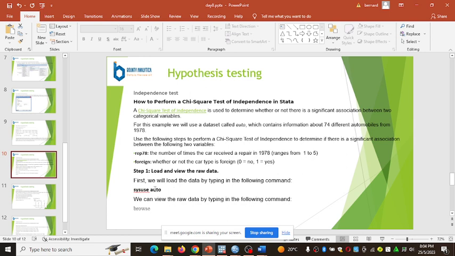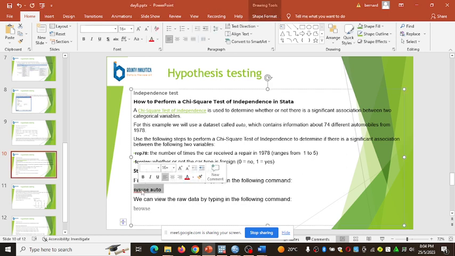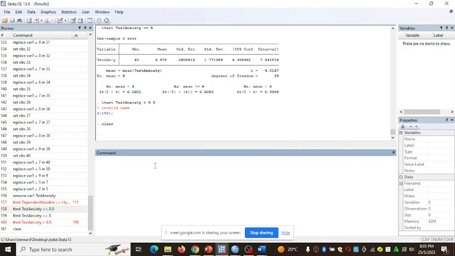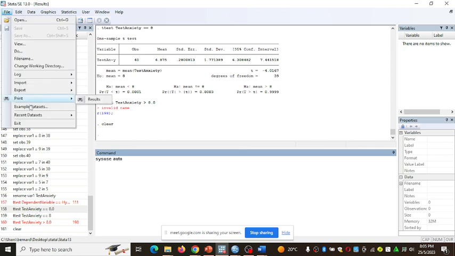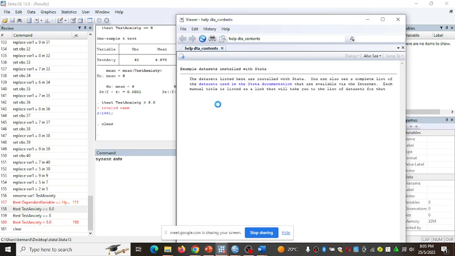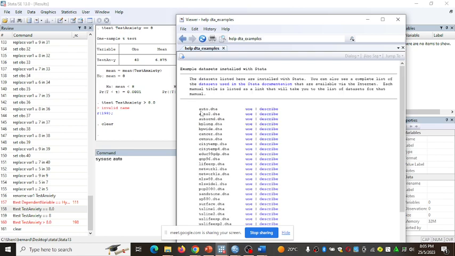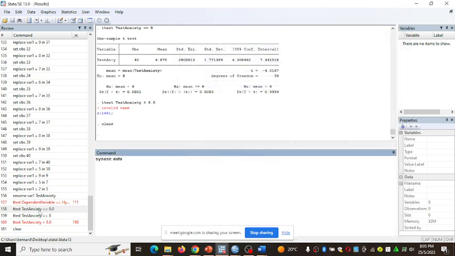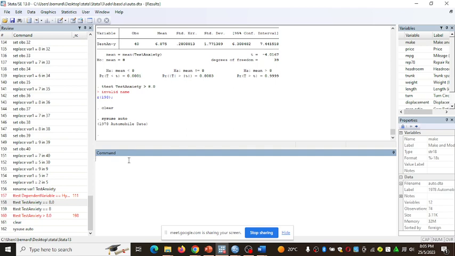We are using the auto data, so just copy this one and put it here, or you can go look for it under File, then Example Datasets, and come to this part here, where there is auto. I think this is it. Yeah, so we are just using that one.